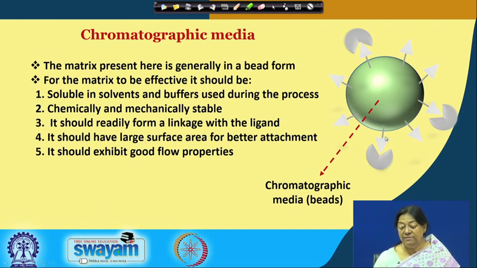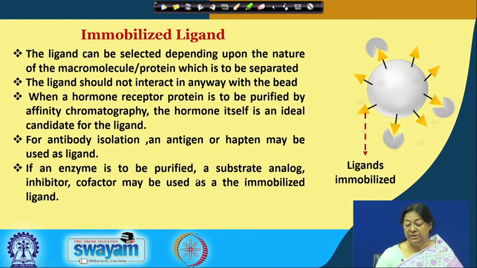If we do not have this linker, and the ligand were attached to the bead itself, the protein molecule, because of steric hindrance, would not be able to get to the chromatographic bead. So, we have the immobilized ligands on our bead, and the ligands are selected depending upon the nature of the macromolecule or protein to be separated.